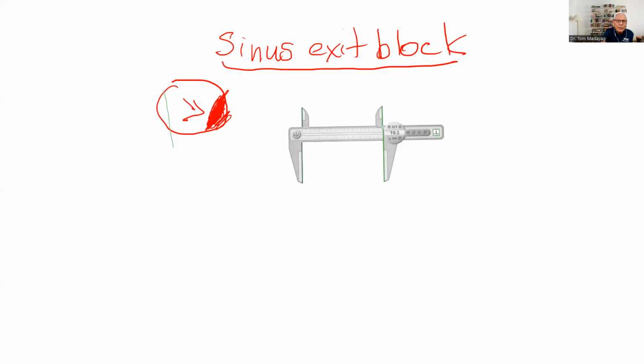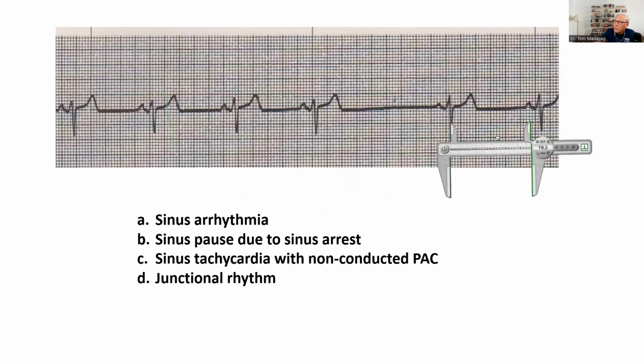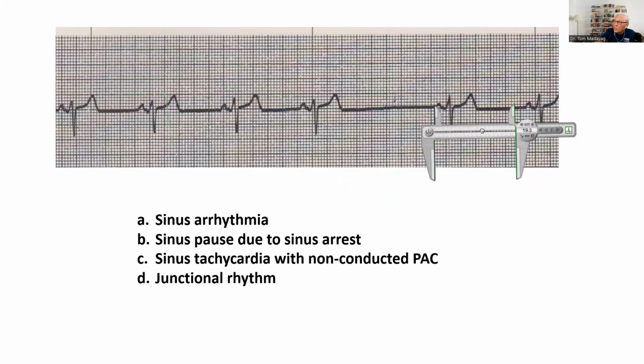So how do we determine if the pause is due to a sinus arrest or to a sinus exit block? If the rhythm is maintained, and that means to say that this P wave and this P wave interval right over here is going to be the same after the pause, then we know that the sinus node continued working.